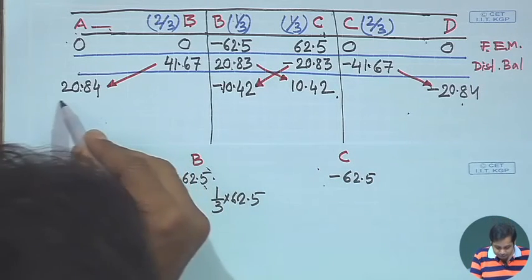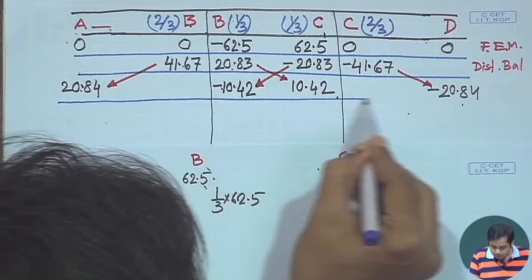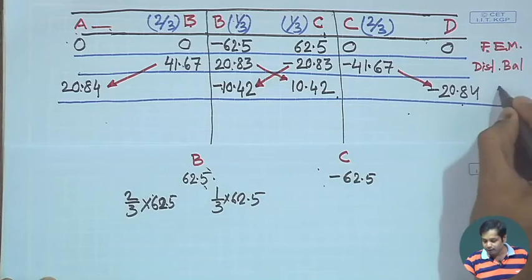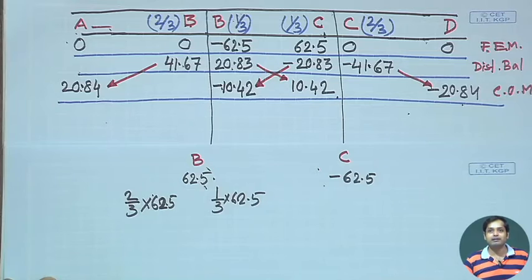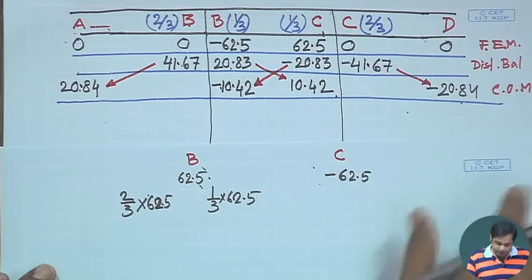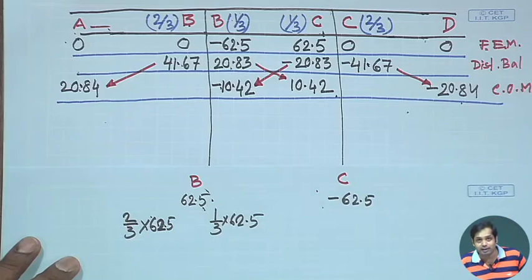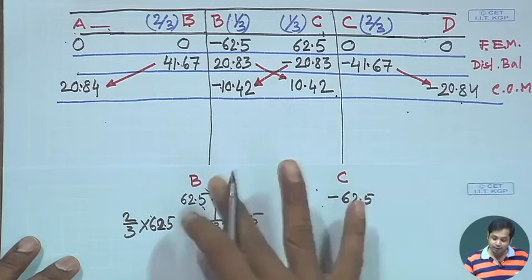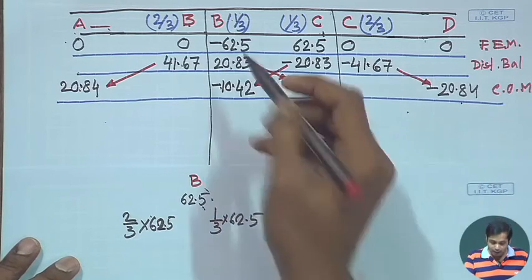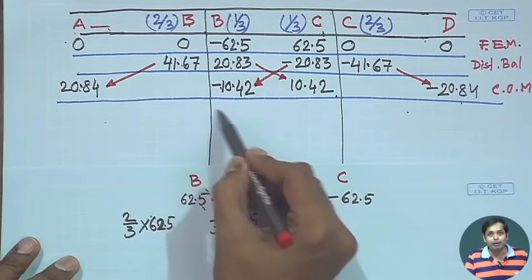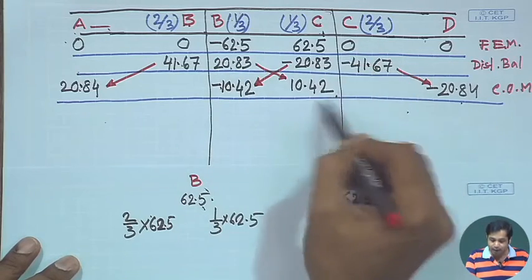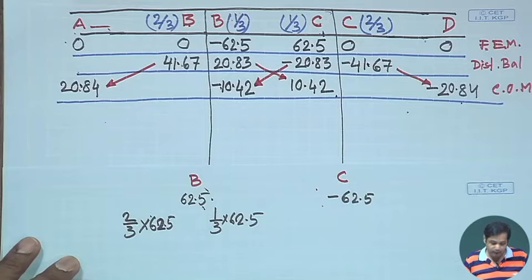So this is a carried over moment, right? Now next, once you have this carryover moment, again you check the equilibrium, whether the equilibrium is achieved or not. Now at B we have an unbalanced moment of minus 10.42, at C we have an unbalanced moment of plus 10.42.